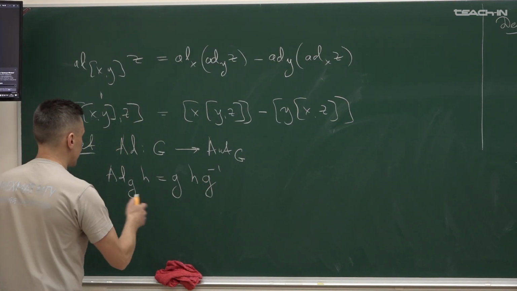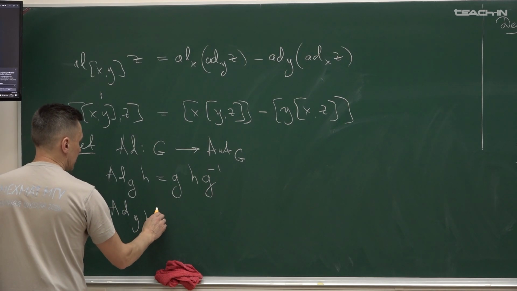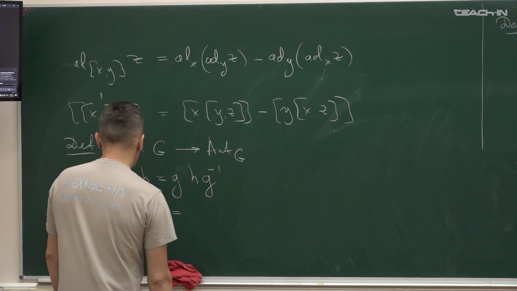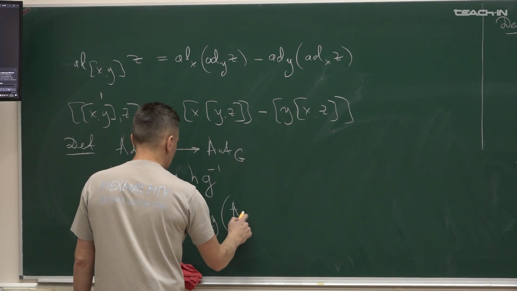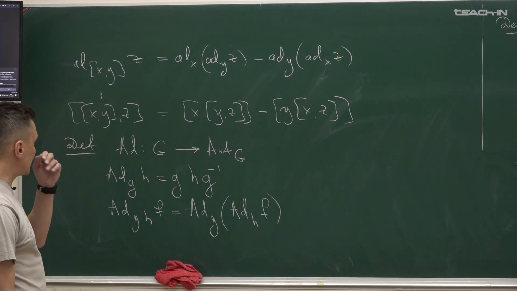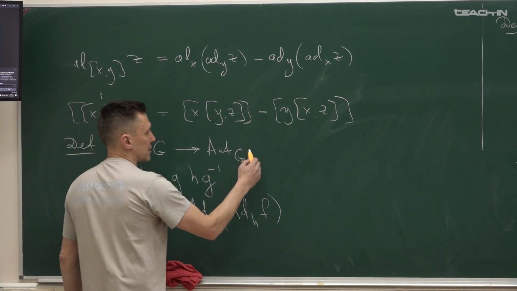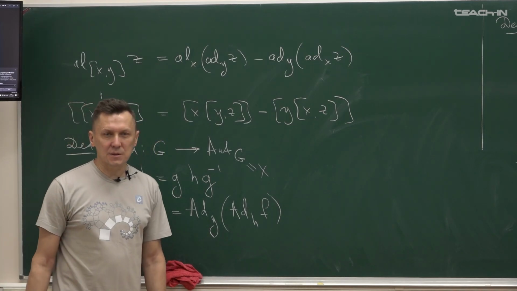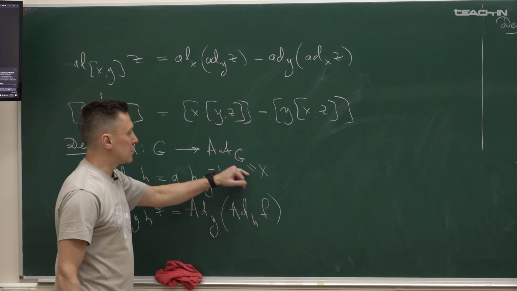We have to verify the following thing: that Ad of gh applied to f is the same as Ad_g applied to Ad_h applied to f. This is a condition of the action of the group on a set. So in this notation, we see G as a set, and we define the action of the group on the set, which is also the group.